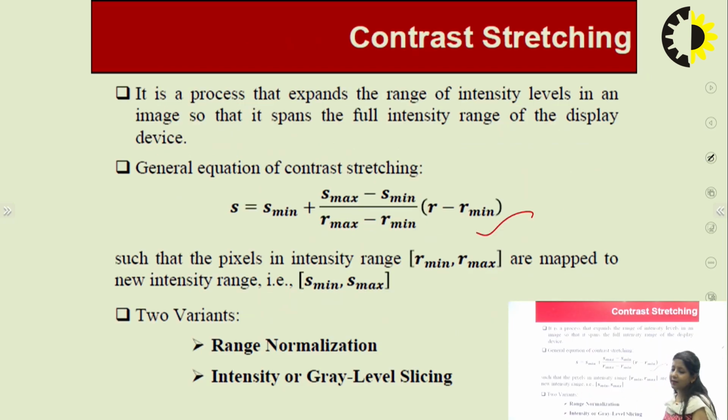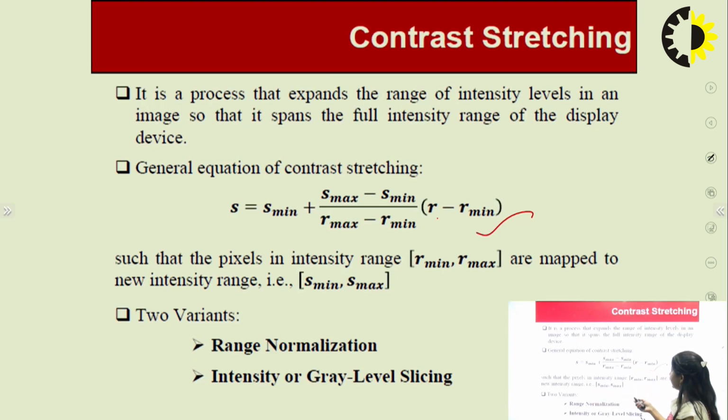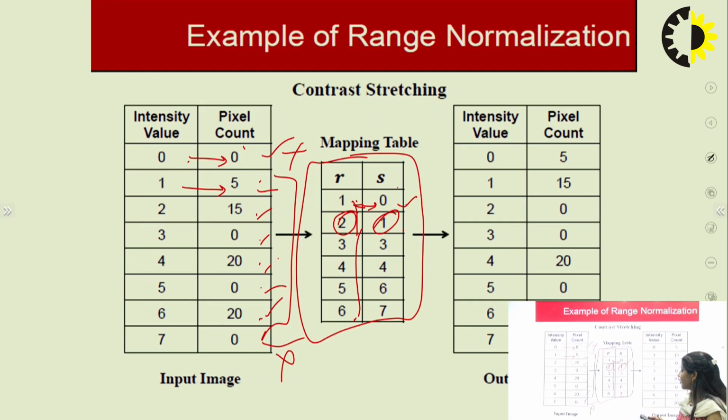We put the values into the formula, where S min is 0 and S max is 7, so we map these intensities from 0 to 7. We put the value of R here, and R min and R max are the input range. With the formula we get the mapping table, and with the help of the mapping table we finally convert it into the high contrast values.